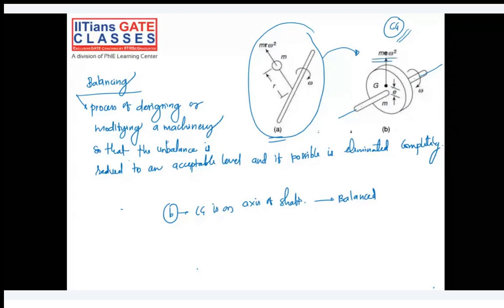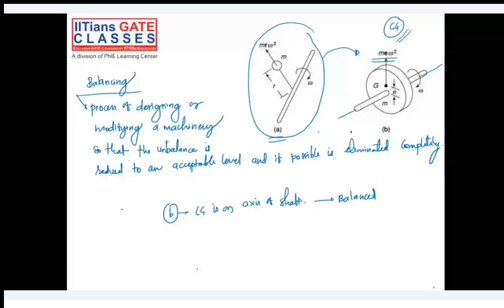I'm not sure whether you have studied vibrations or not, but if you have not, then you will study it later. It may cause whirling of the shafts. Whenever we have a certain mass m which is at eccentricity e and rotating, the shaft will whirl because of this unbalanced force m e omega square, which is acting away from the center of rotation.